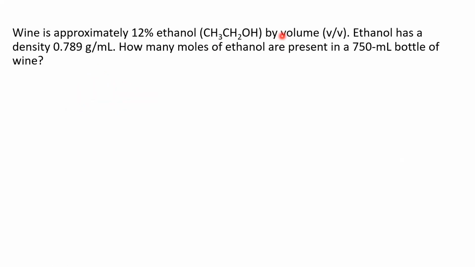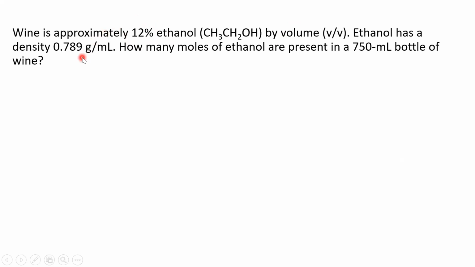All right, now we're going to look at a problem that's a little bit more complicated. It tells us that we have an ethanol solution and it's 12% ethanol by volume. Again, what does that mean? It means there are 12 milliliters of ethanol in every 100 milliliters of total solution. That's what this number means.